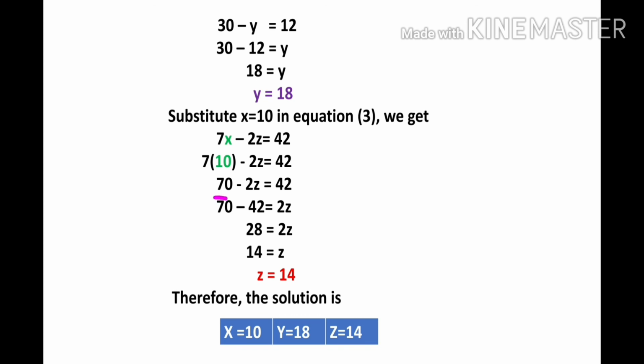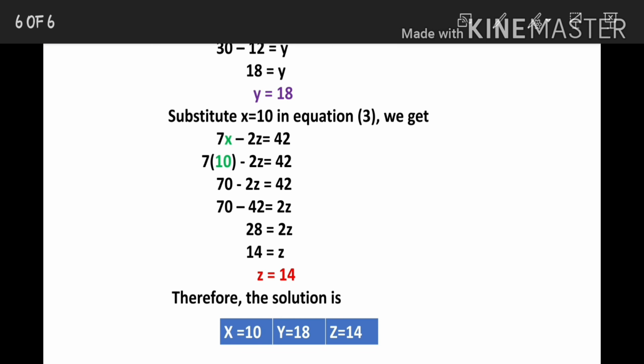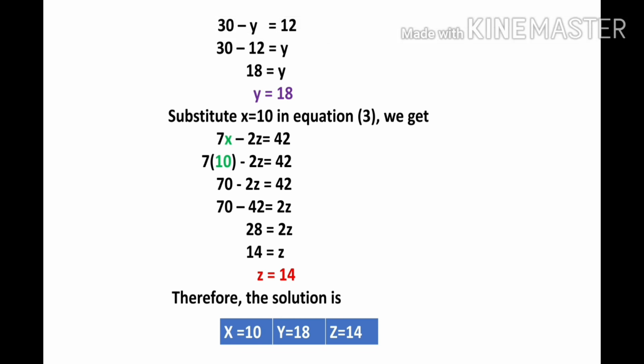Then transpose 42 here, plus 42 becomes minus 42: 70 minus 42. Then transpose minus 2z, minus becomes plus 2z.